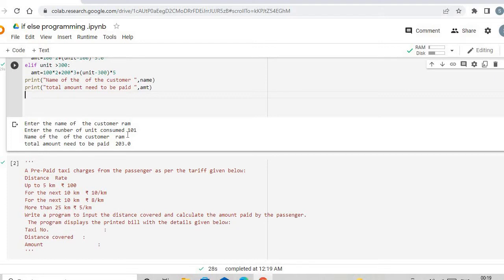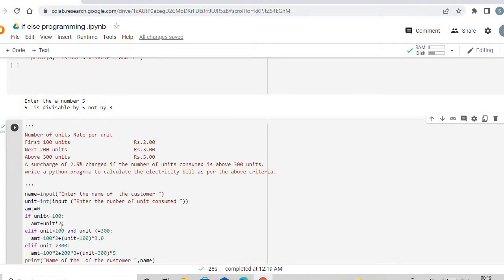For the first 100 units it is 2 rupees per unit, so it's 200, and for the next 200 units it is 3 rupees per unit. So how many units have I consumed? More than 100 units, that is 1 unit. 101 units I have consumed. For the 100 units I have to pay 200 rupees, units into 2, and for the rest 1 unit I have to pay 3 rupees.